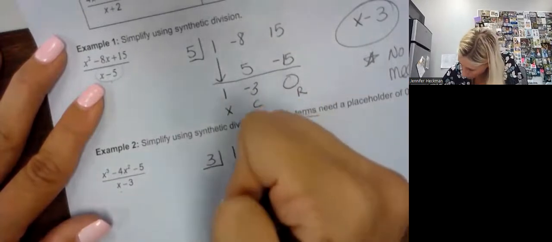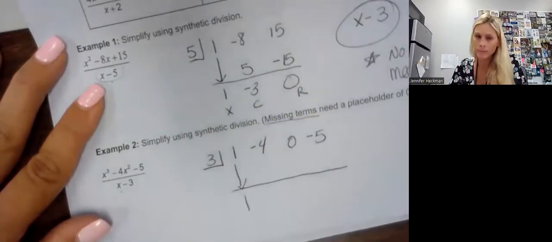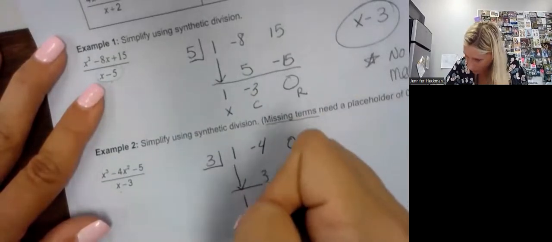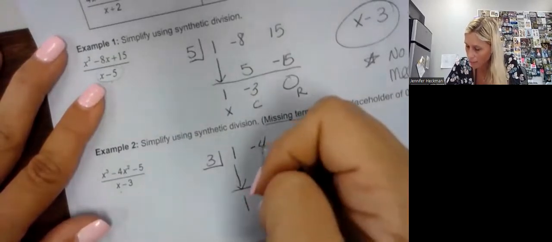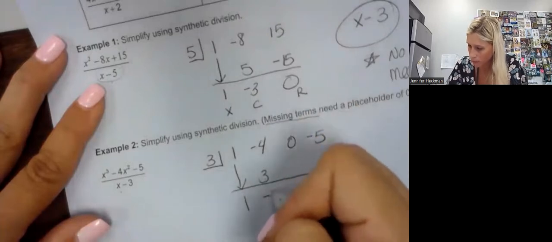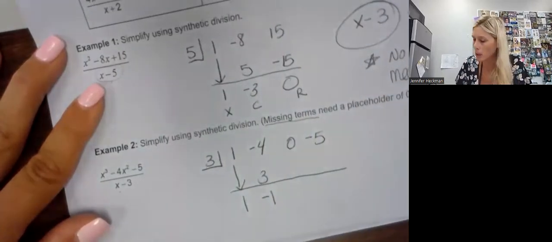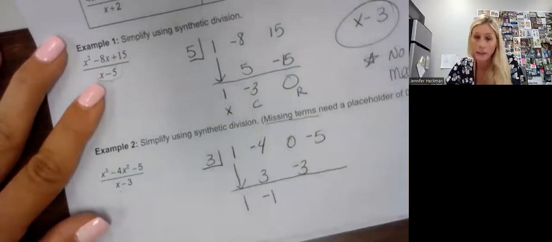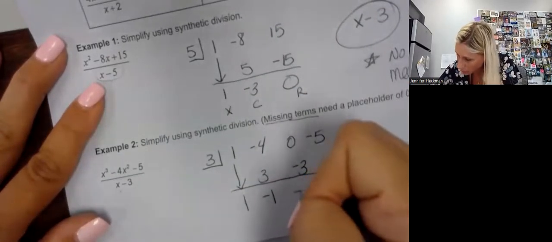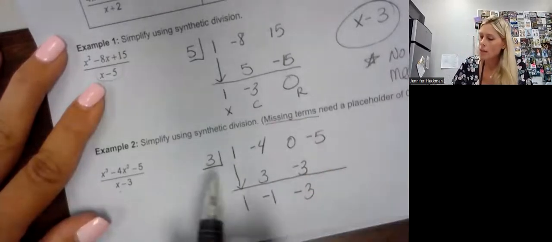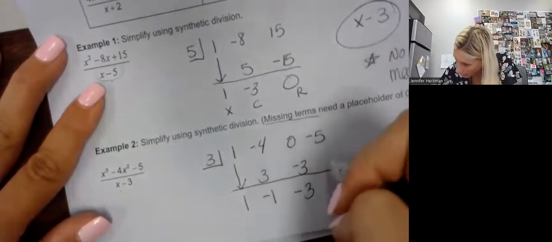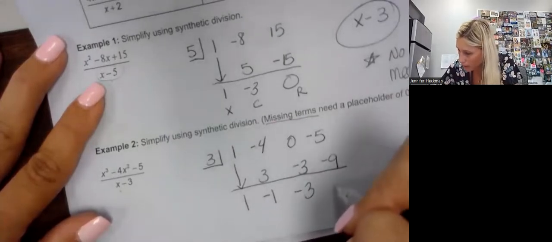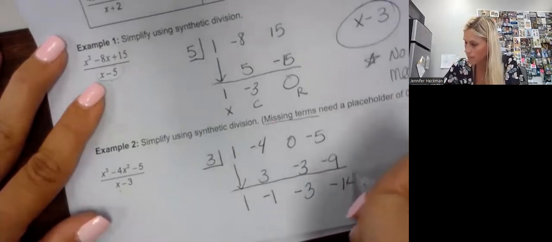Bring down the first term. So 1. Now let's multiply. 3 times 1 is 3. Add straight down. -4 plus 3 is -1. Let's multiply. 3 times -1 is -3. Add straight down. 3 times -3 is -9. Add straight down. We get -14.